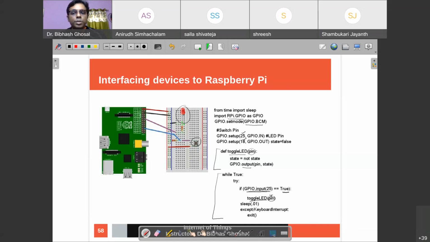And it will toggle that, because the definition of toggle says that it will change the state. So if pin number 18 is false, it will make it true. If it is true, it will make it false. I use a user-defined delay, and then I exit. So this is the idea of interfacing sensors to Raspberry Pi.